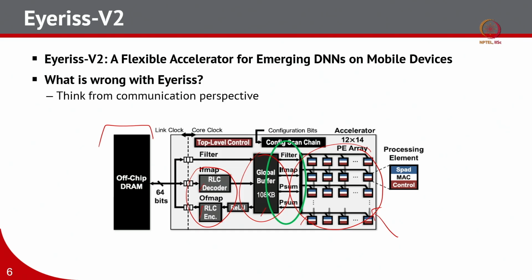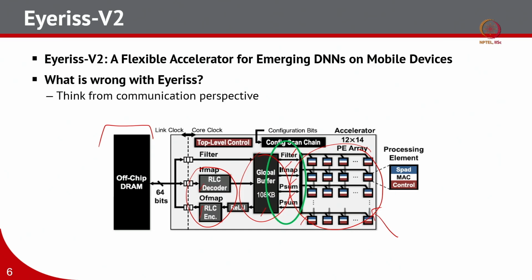Whenever we say communication, that means the global buffer sends all the filters, input feature maps, partial sums, etc. All these types of data are being communicated between the global buffer and the PE array, right. Now it's a huge data communication. If you calculate, for AlexNet it might come up to tens of GBs if not more.